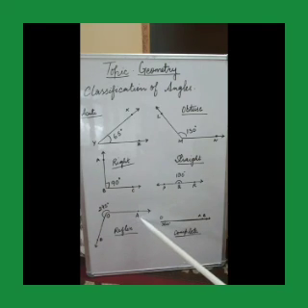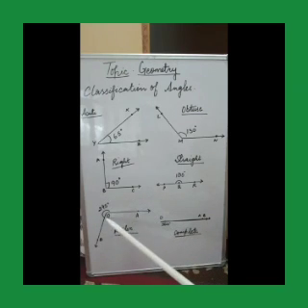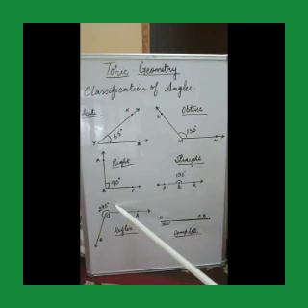Reflex angle. An angle whose measure is more than 180 degree, an angle like this, but less than 360 degree is called a reflex angle. As angle AOB is 245 degree, it's a reflex angle.